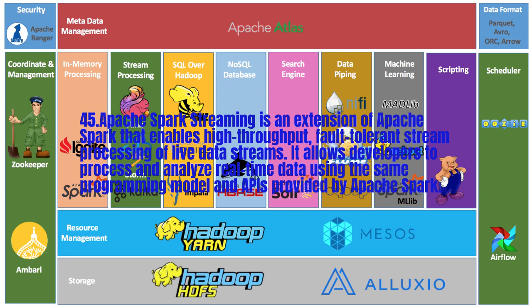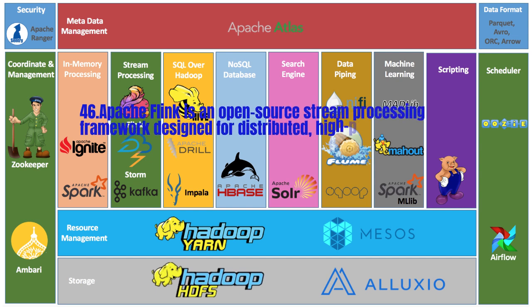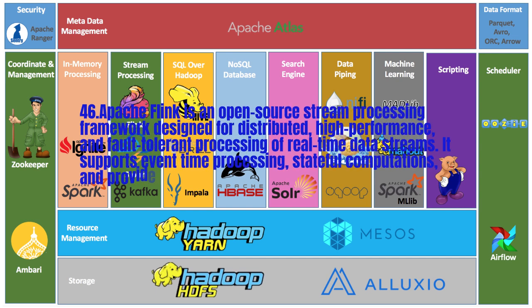And Apache Flink is an open source stream processing framework designed for distributed, high performance, and fault-tolerant processing of real-time data streams. It supports event time processing, stateful computations, and provides a unified batch and stream processing model.